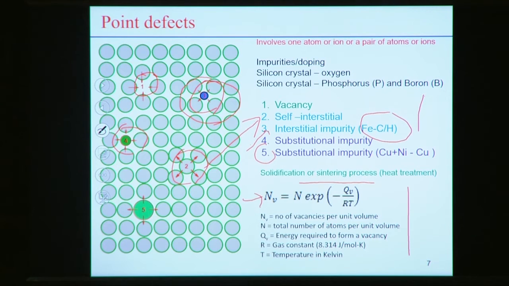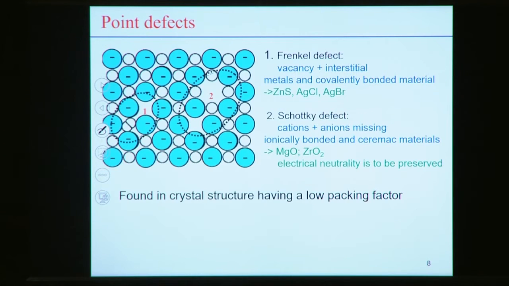The number of vacancies is very much dependent on this parameter, temperature. So using this equation we can roughly estimate the number of vacancies created in a specific material at a specified temperature.